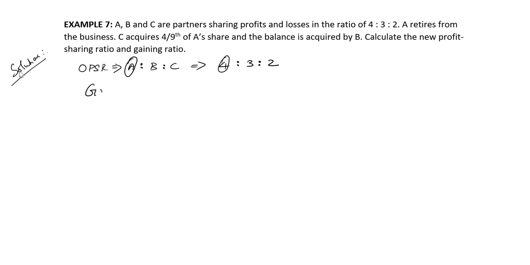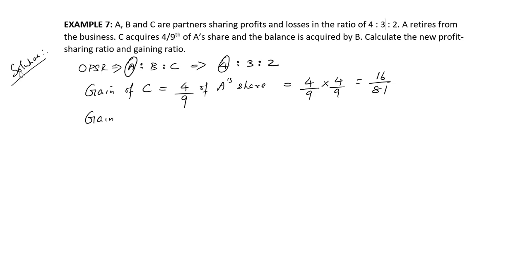So gain of partner C is equal to 4/9 of A's share, which is 4/9 into A's share, again 4/9, is equal to 16 divided by 81.